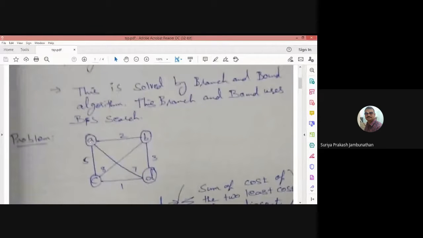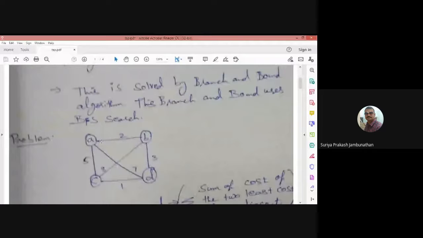And one more rule we have is that we are starting from A. From A, we can move to B. If we are going via B, we should not come to B again. That means A to B, B to C, C to D, D to A is one level of tour. We should not reach B again.